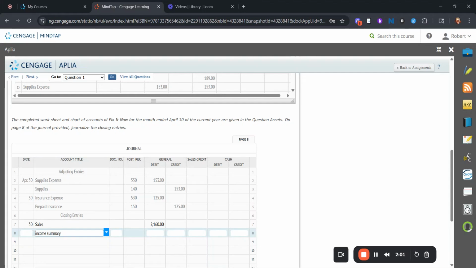One of the things that you can do is look at the example in the book to help guide you along with this. Income summary, and that amount is going to go in the credit column. So we still keep that balancing part going.